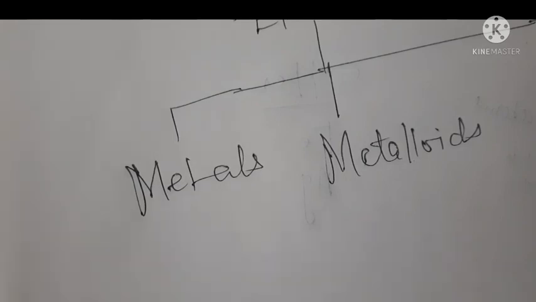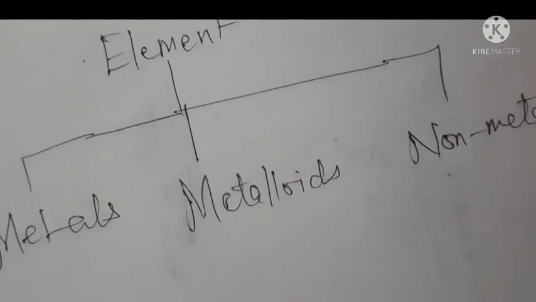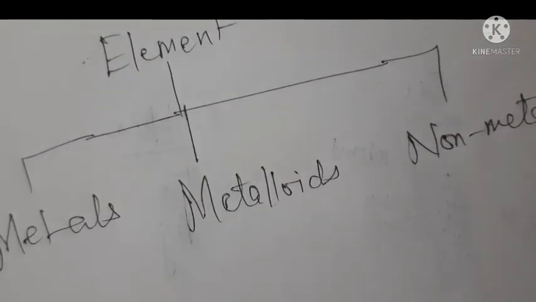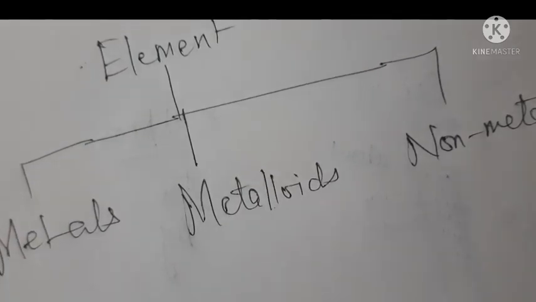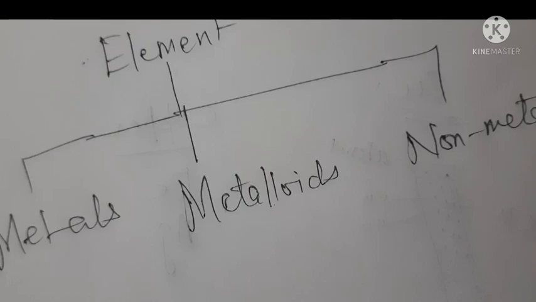In metals, all the elements have almost the same physical and chemical properties. There may be one or two exceptions. In non-metals, all the elements will have the same physical and chemical properties. But the properties of metals and non-metals are totally opposite.